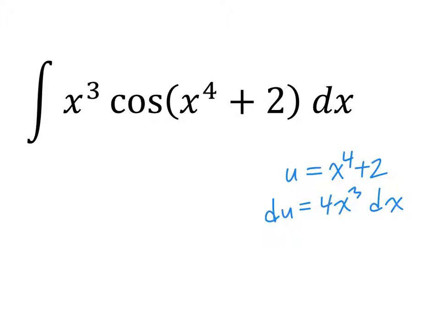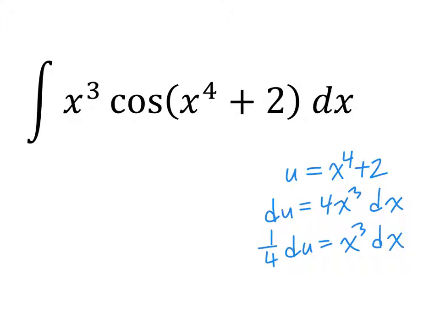I need to substitute directly back. In my original equation, there is a cosine of x to the 4th plus 2. That is going to be a u. I only have an x cubed dx, but in my du, I have a 4x cubed dx. So what should I do with that 4? Multiply by 1/4. So 1/4 du is equal to x cubed dx.